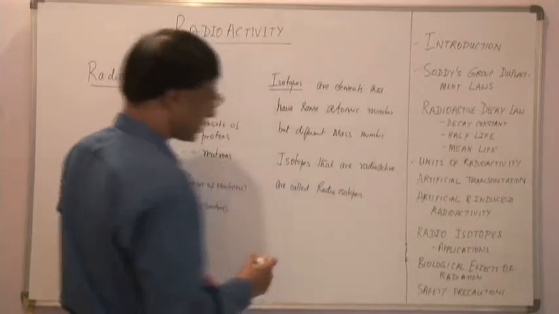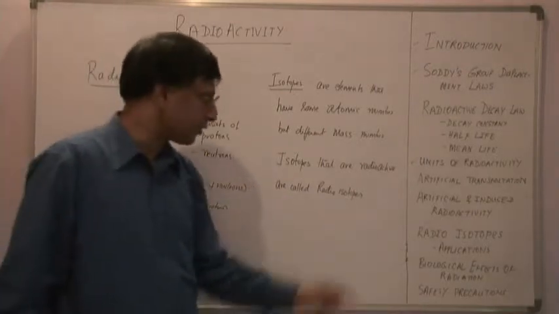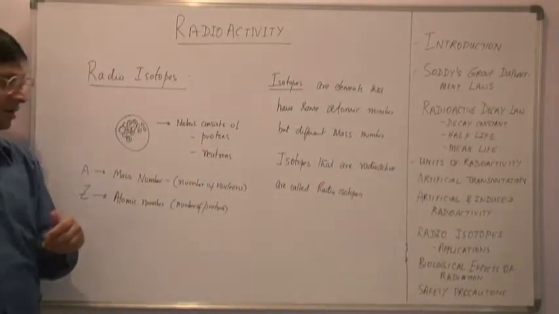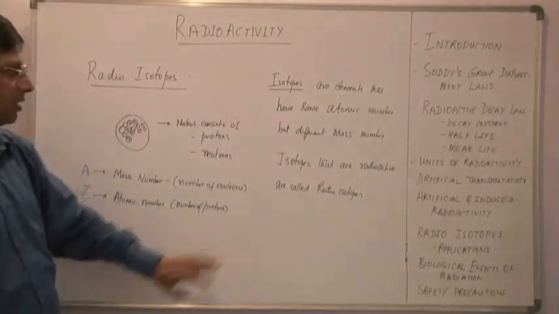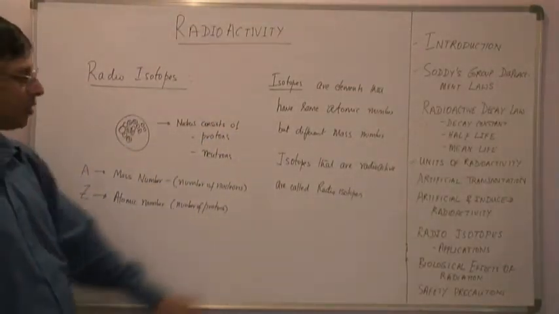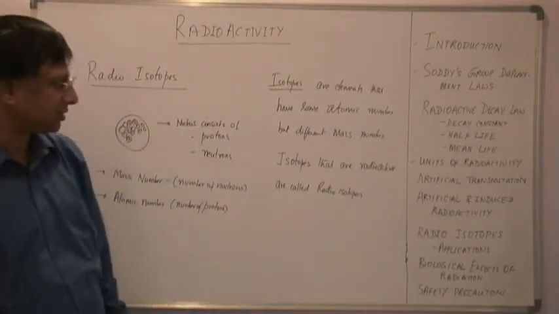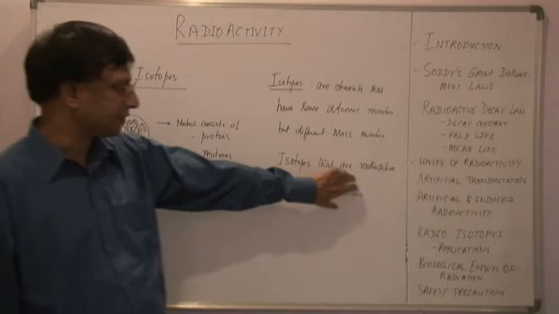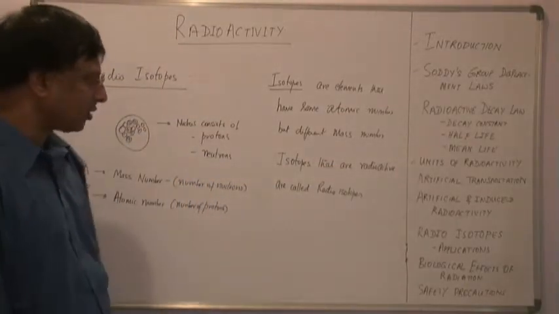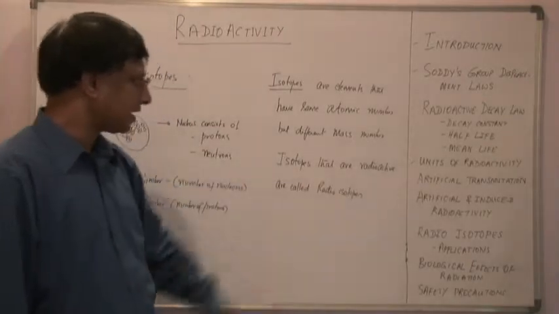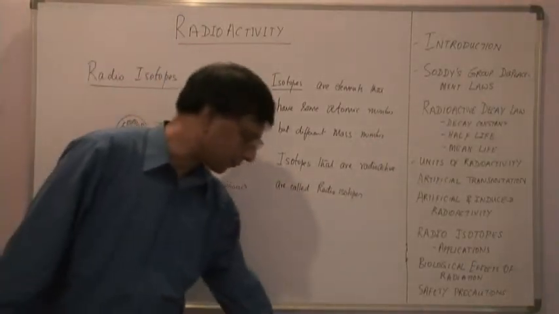So radioisotopes are isotopes that are radioactive, and generally this radioactivity is because of artificial or induced radioactivity. It has been found that we can get radioisotopes for almost all the elements. For almost all the elements we can generate or create radioisotopes. There are various applications for these radioisotopes which we will be going through shortly.